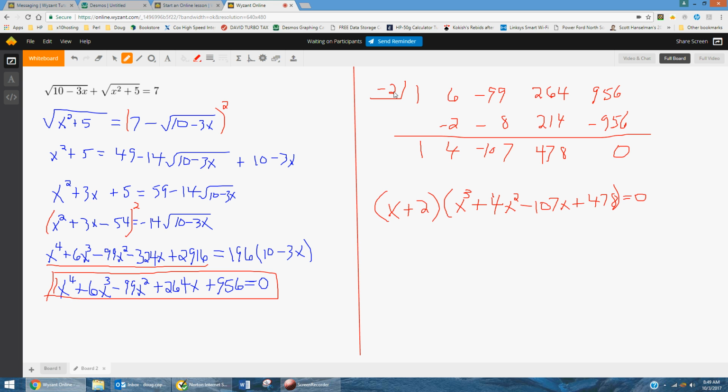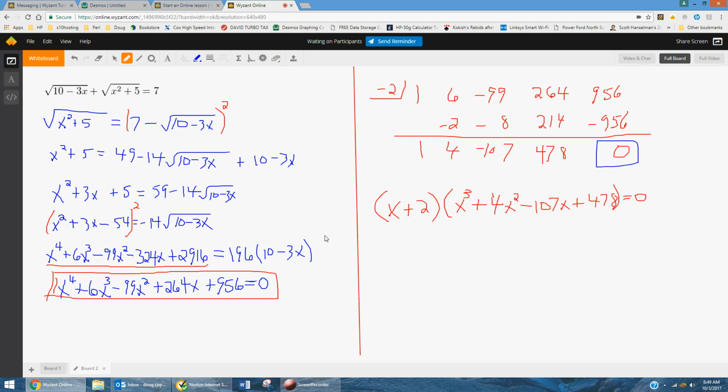If you use synthetic division and the remainder over here is 0, that means that this number right here is a root of this polynomial equation. So if I put -2 in here, I will get an answer that sets this equal to 0.